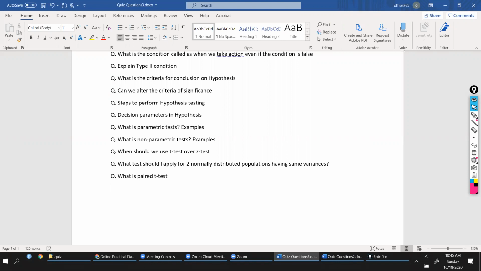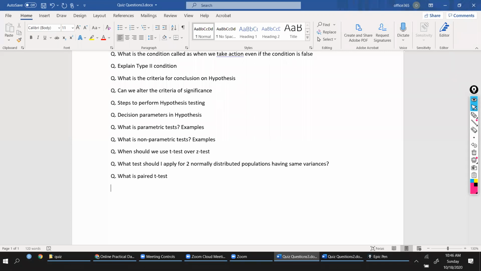So paired t-test basically is applied on normally distributed data for comparing the populations of normally distributed data, which are of course continuous, right?